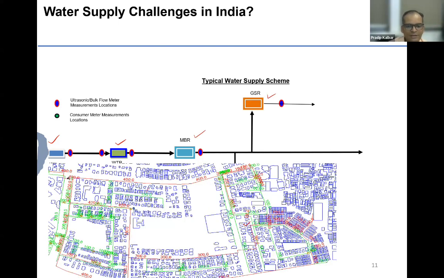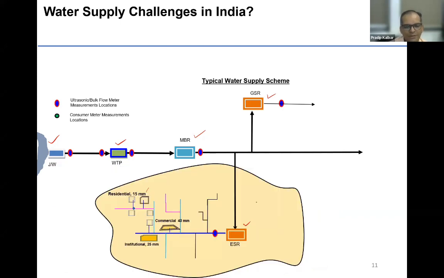But actually, in reality, we have such a huge density of people living in cities now, and a variety of mixed land use. There are commercial, residential, and institutional areas, with huge storages, which makes the whole design very complicated. So what is expected from water supply engineers is to supply water per different norms, 135 or 150.